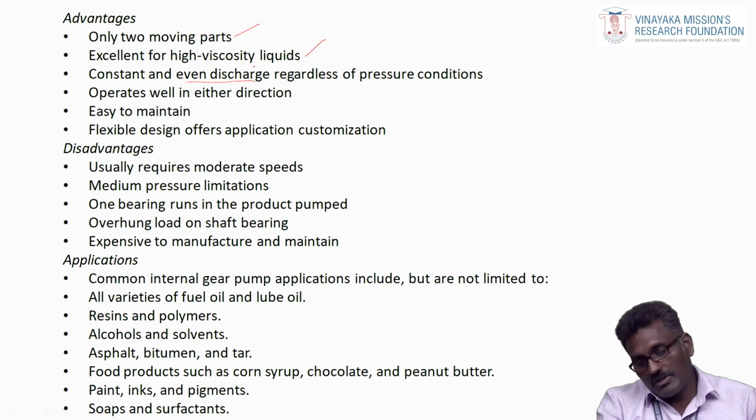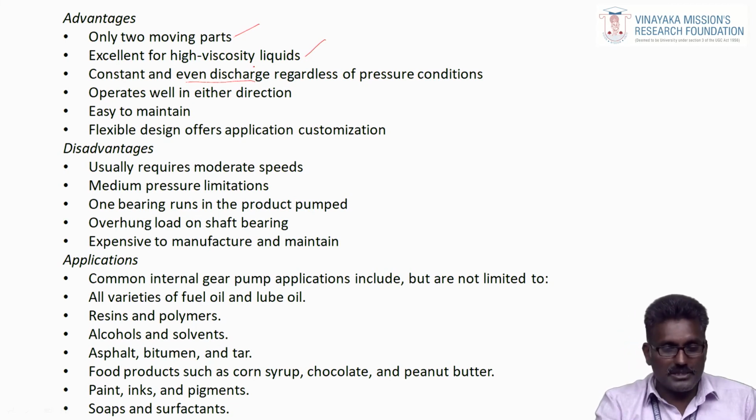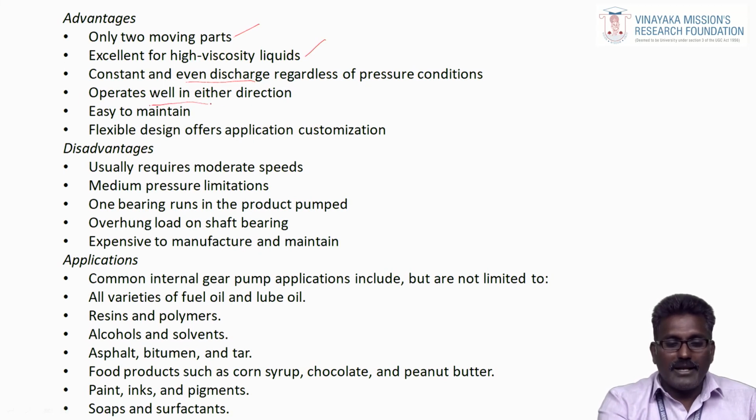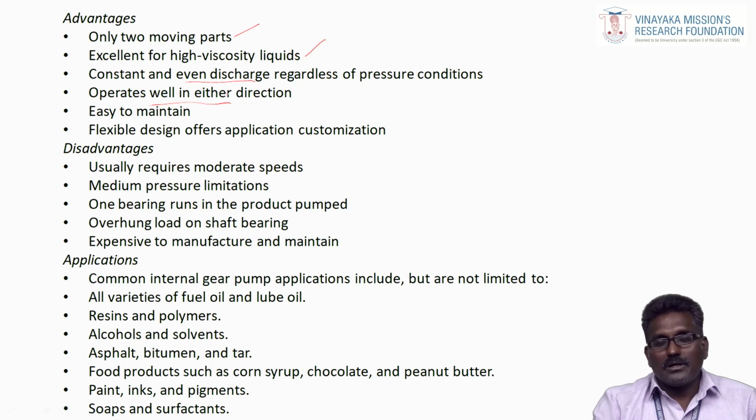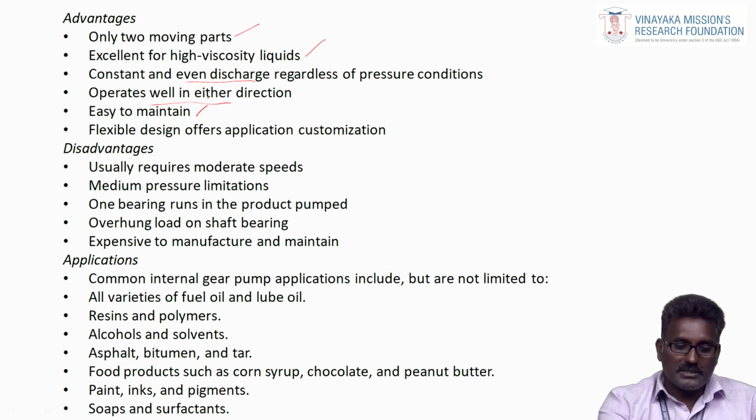The discharge does not have any pulsation. These are the advantages of this pump. This pump operates well in either direction. It is also bidirectional, pumping the fluid in the forward or reverse direction. Easy maintenance and flexible design.